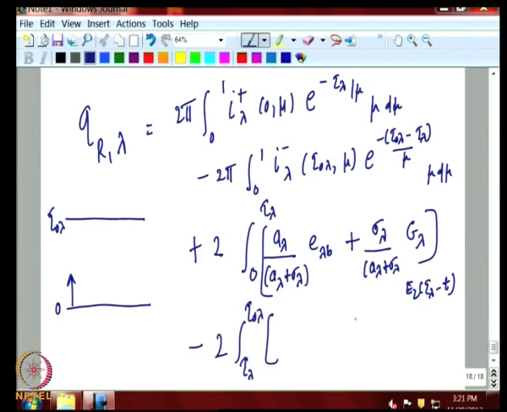So, I will not write it down, and E2 of t minus tau lambda dt. Okay. So, I want you to see how the original expression for radiative flux, where we did not have these two terms, now has two additional terms inside the integral.